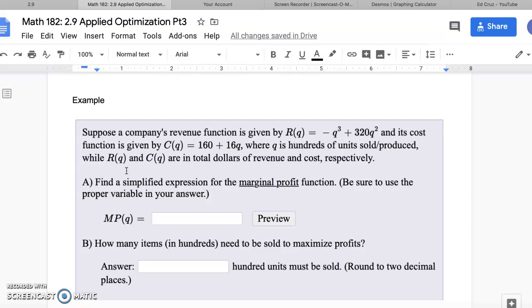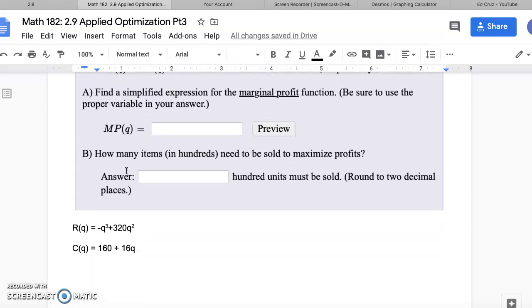Now, in calculations, you can calculate marginal profit by doing the profit of Q plus 1, the profit from producing the next item, minus the profit of Q. But another way of getting marginal profit is to use the derivative. The derivative of your profit function is a good way to estimate marginal profit. So we're going to go ahead and take that approach.